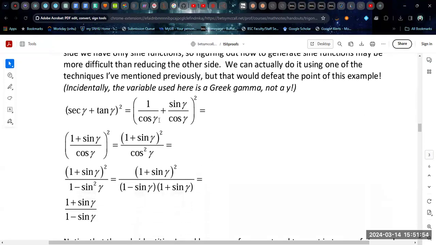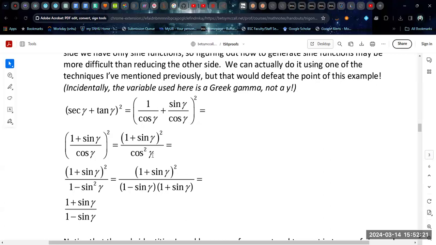Now, because these have common denominators, I can rewrite this as this expression, and then I can apply my square to just the denominator and the numerator. So 1 plus sine gamma quantity squared and cosine squared gamma, since it's not multiple terms. Now we're going to undo the identity we actually used in a previous example.